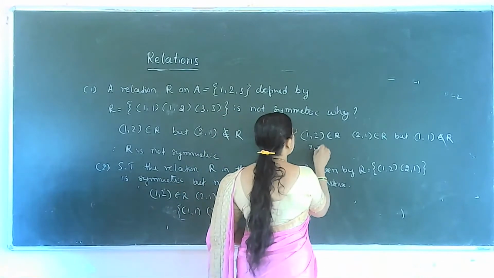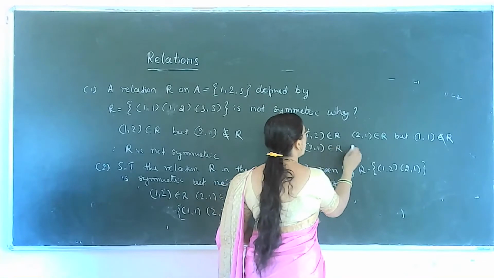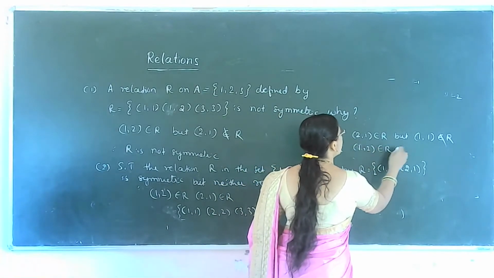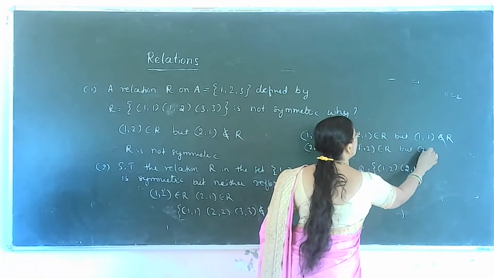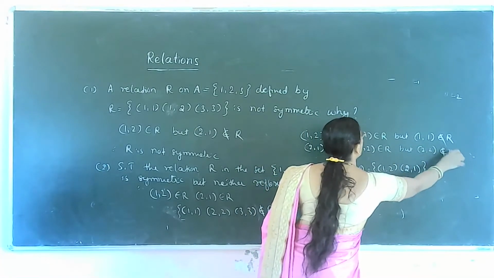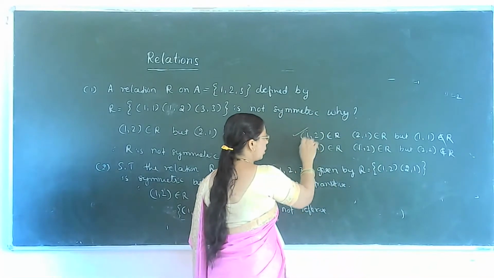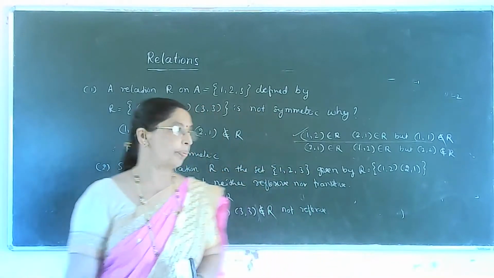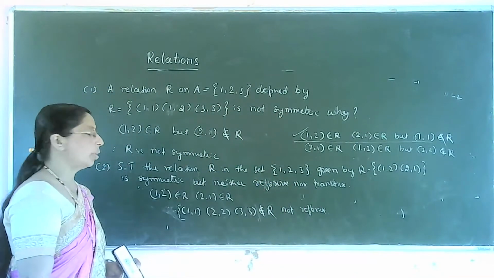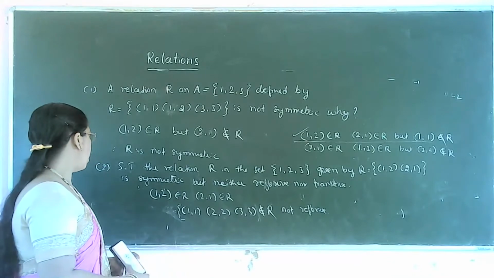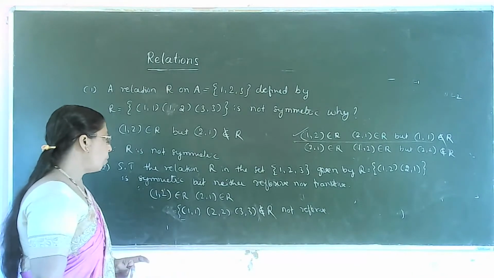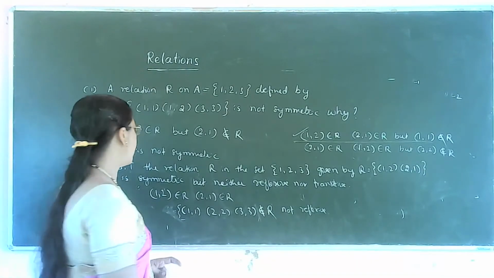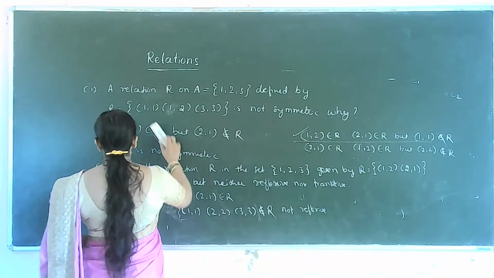Similarly, (2, 1) is there and (1, 2) is there, but (2, 2) does not belong to R. You can write either of these. It's not transitive. Therefore, this R is not reflexive, not transitive, but it is symmetric.